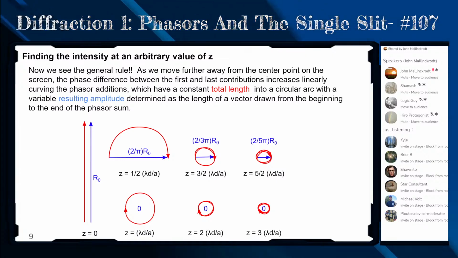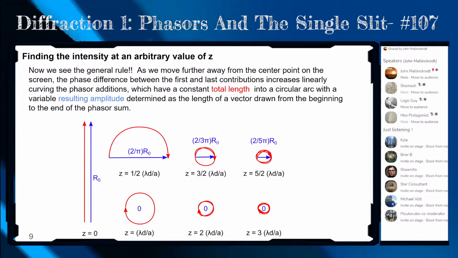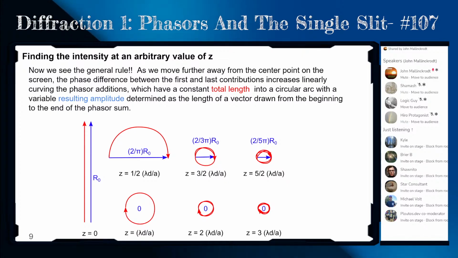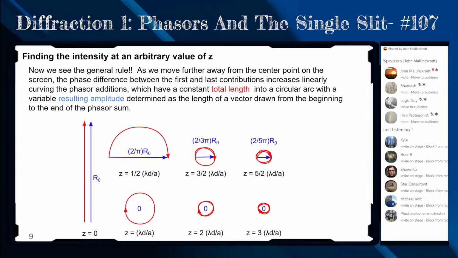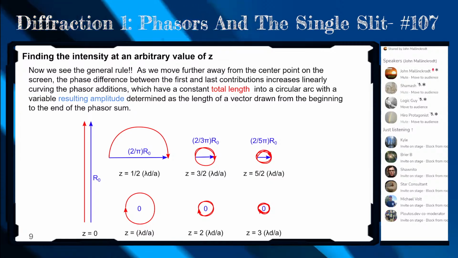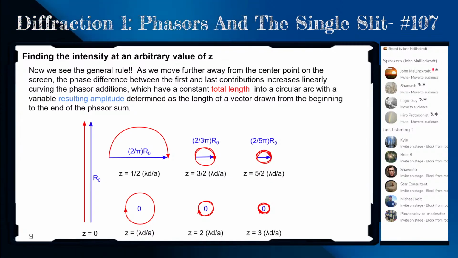Remember, r naught was the amplitude in the center. It's equal to the length of the red line, which always has the same length. Because that red line is now half of a circle, its diameter is 2 over pi times that length, which is r naught. So the amplitude is about 3/7 or something of what it was before.